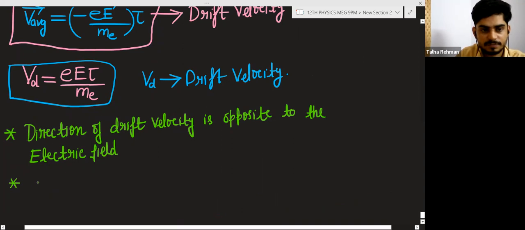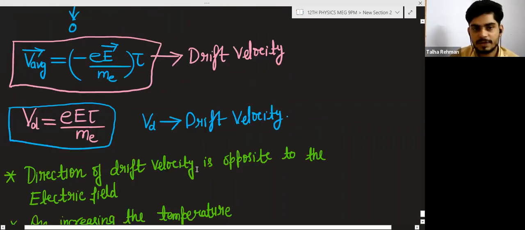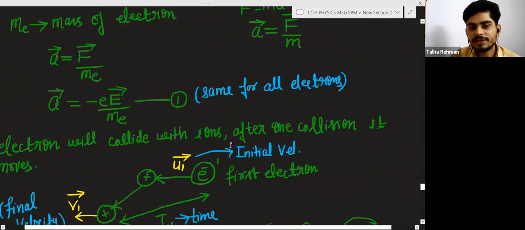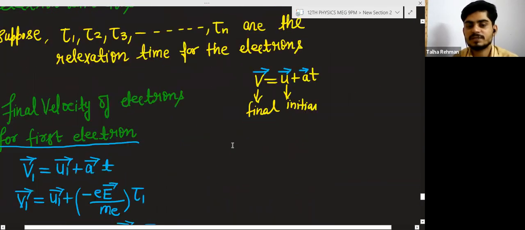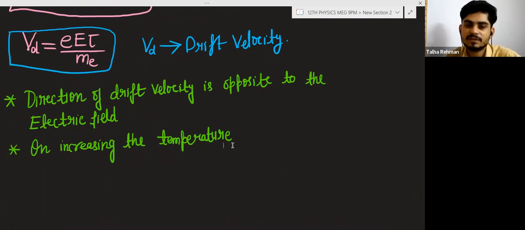Write one more point: what happens when we increase the temperature. On increasing the temperature, due to the temperature, the collision of electrons will become fast, and the relaxation time will decrease.